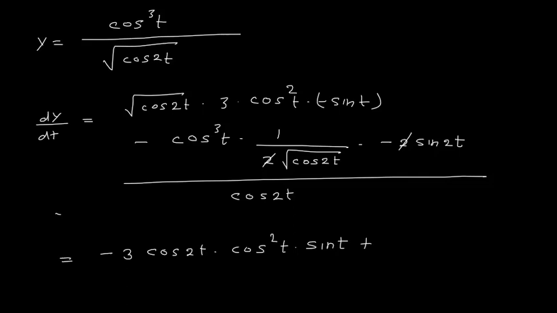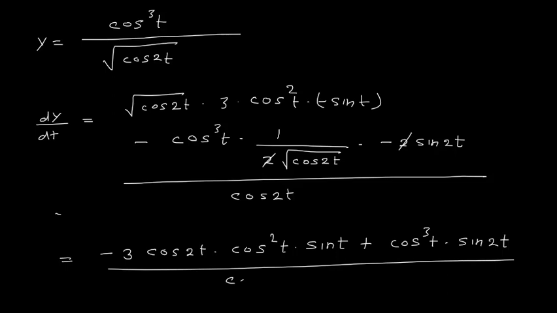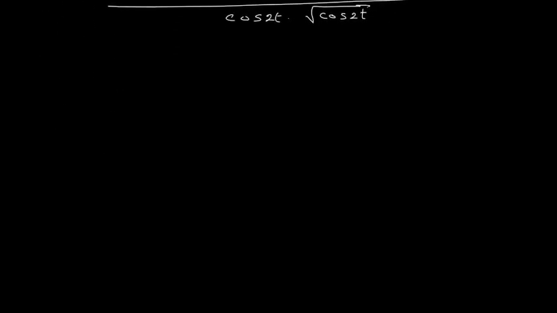Then here we have cos cube t into sin 2t, and this whole divided by cos 2t into root of cos 2t. So this is dy upon dt.